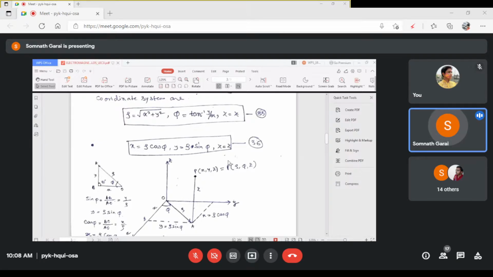Write down. Problem number 1. In a given rectangular coordinate system, there is a vector P whose components are -2, 6, 3.